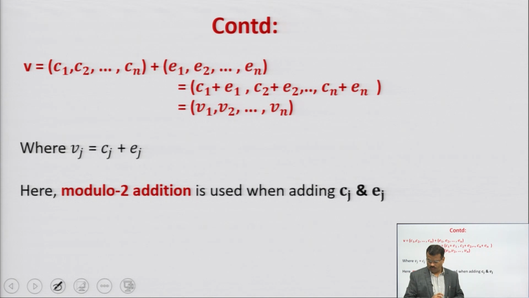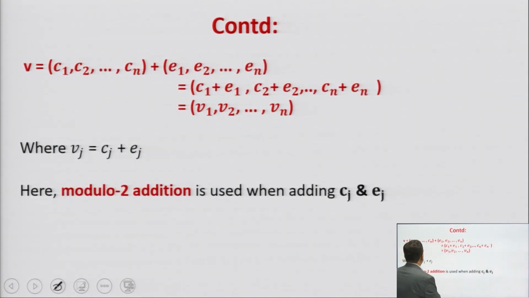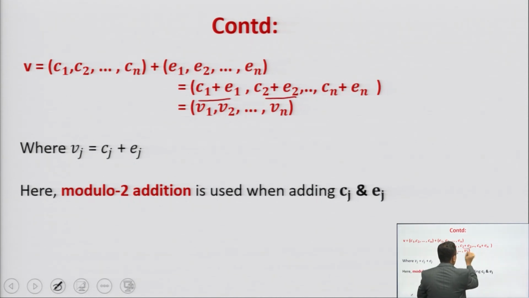Now V is equal to what? V is the combination of C and E. So V is equal to C1 C2 up to Cn plus E1 E2 up to En. Now in pairwise additive form, C1 plus E1, C2 plus E2 up to Cn plus En.